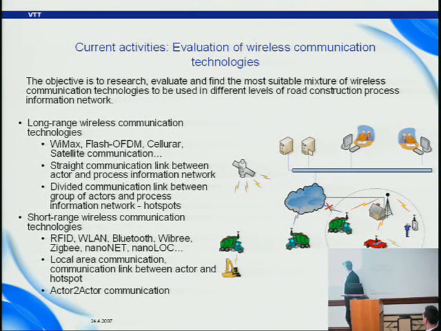And also where, for example, there's an actor like a machine where there's no straight communication link to any hotspot or to the information network, the short-range wireless communication is used for machine-to-machine or actor-to-actor communication to share and exchange data between those. For example, updating the design data.